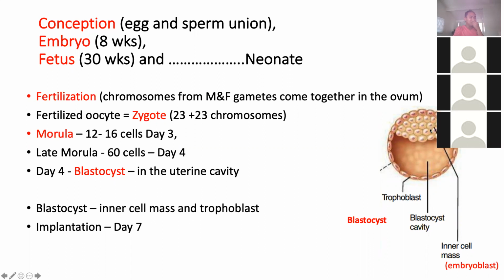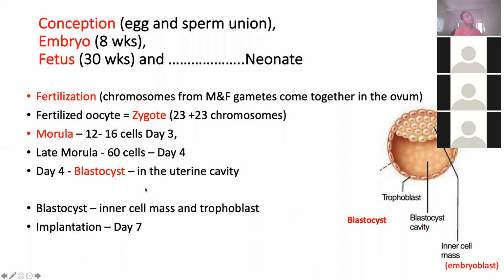The inner cell mass, because it is going to become the embryo, is the embryoblast, and the whole outer lining of the blastocyst is called the trophoblast. Tropho means trophic hormone, for nutrition, maturation and growth. Blast means expanding.